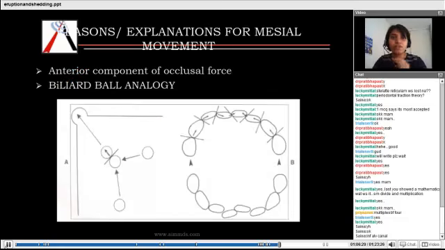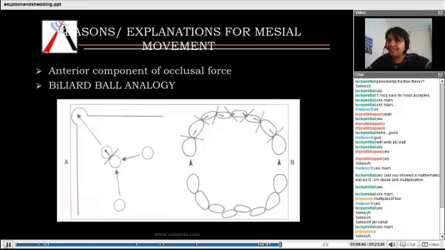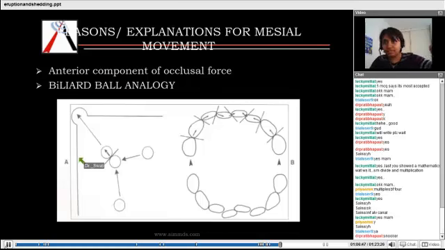There is one very nice analogy given. It's called the billiard ball analogy. You know billiards, that game wherein we have a long stick and a table, the pool table. We just hit that ball and put it in the pocket. So when we talk about this game, remember, whenever there is a situation having two balls like this, end to end, they have a common tangent.